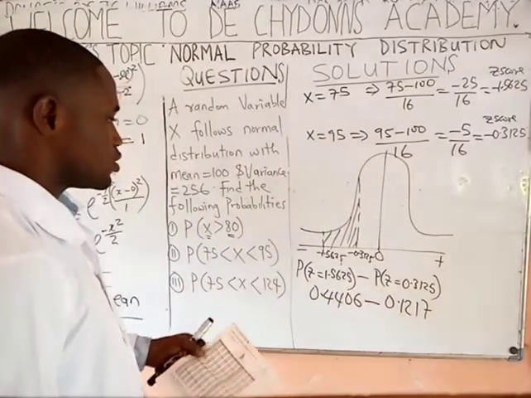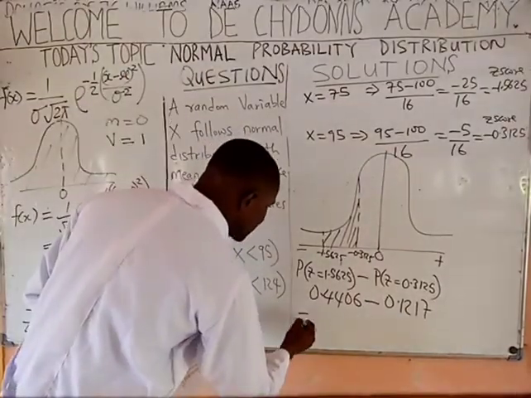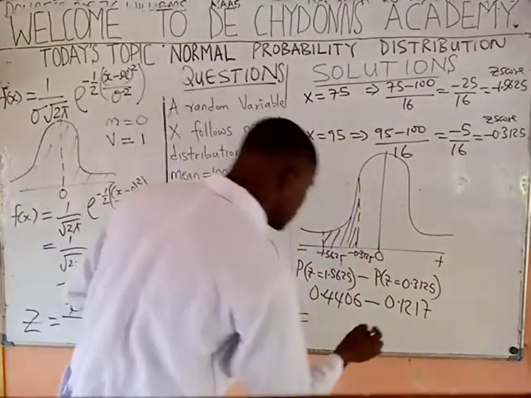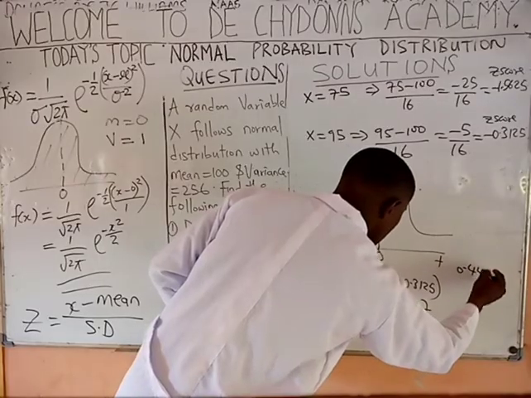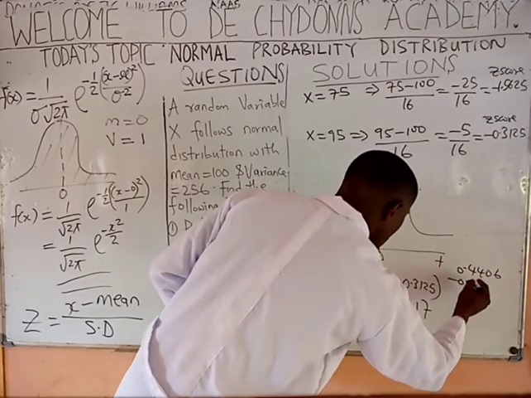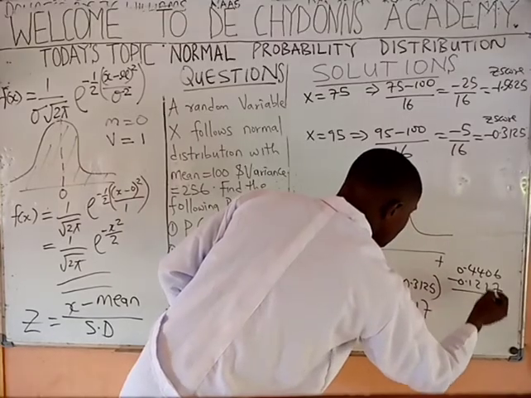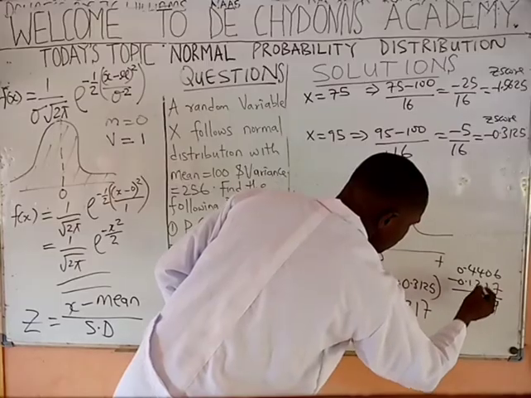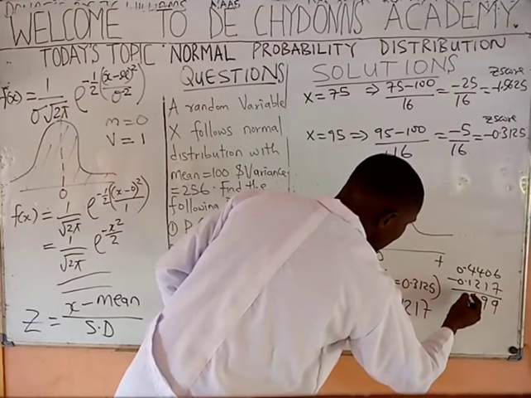With this, you have solved the question. Then, this minus this, you subtract: 0.4406 minus 0.1217. This will give you 9, 1, and 3.